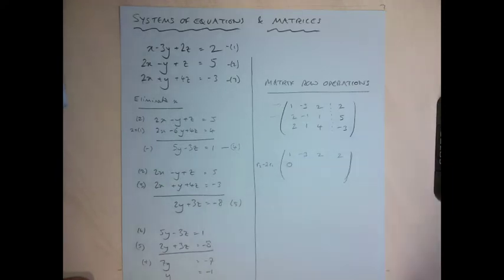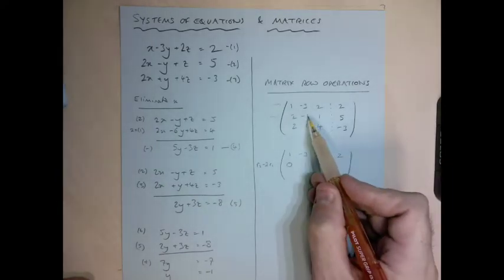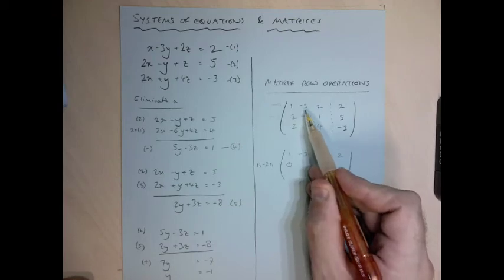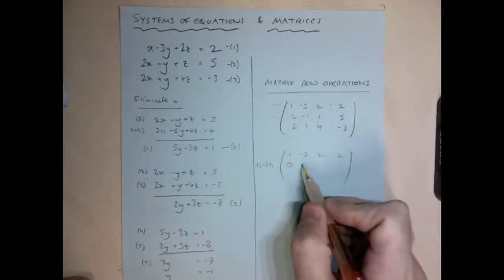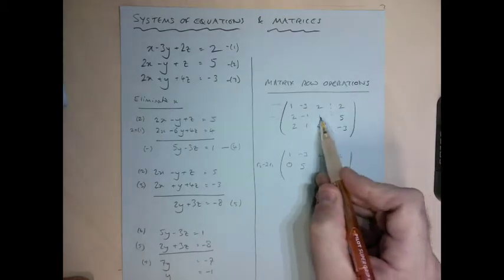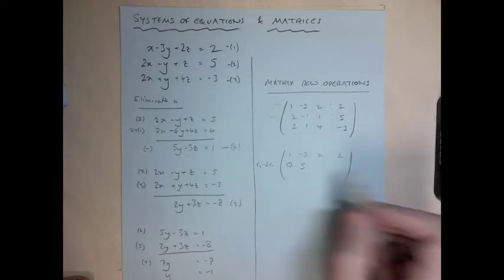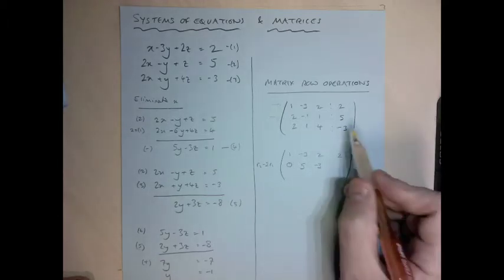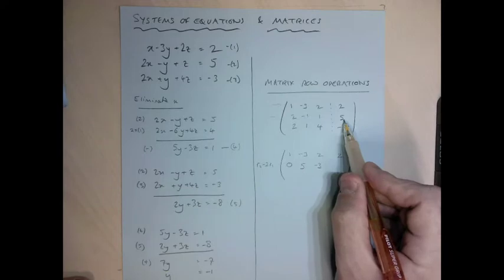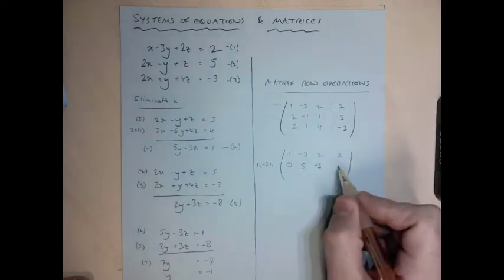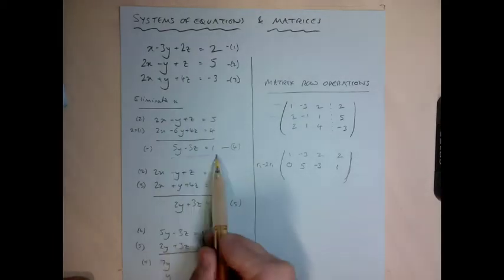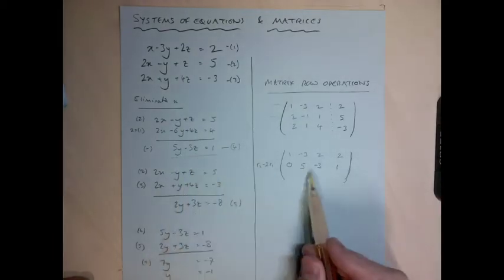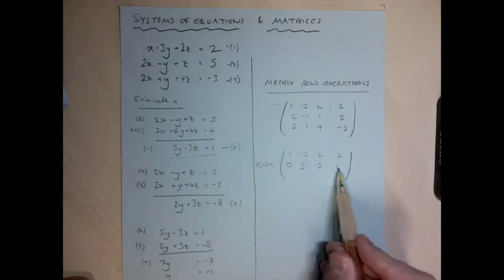That's the equivalent of eliminating x. Minus 1 minus 2 lots of minus 3 gives me 5. 1 minus 2 lots of 2 gives me minus 3. And 5 minus 2 lots of 2 gives me 1. That's equivalent to this equation here: 5y minus 3z is 1.